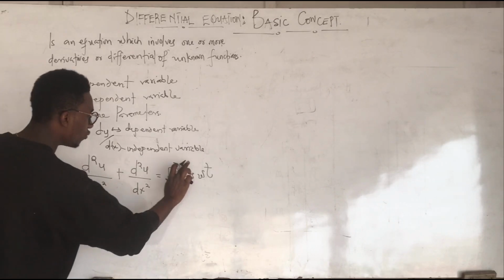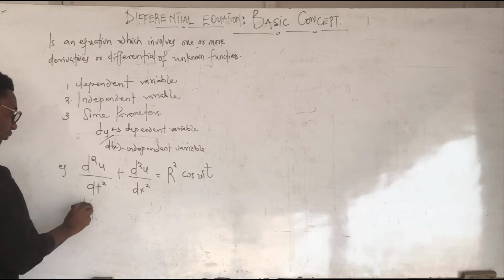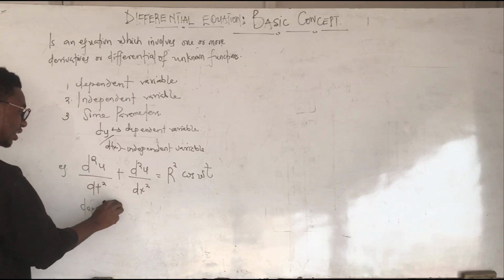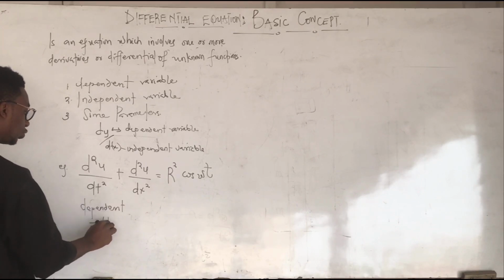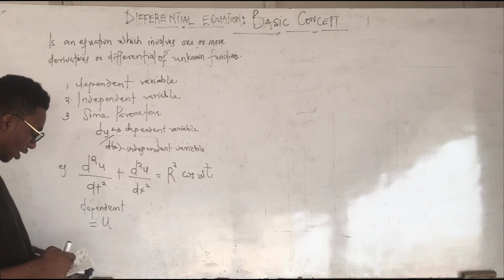Anything in the numerator of a derivative is a dependent variable, so here the dependent variable is u.